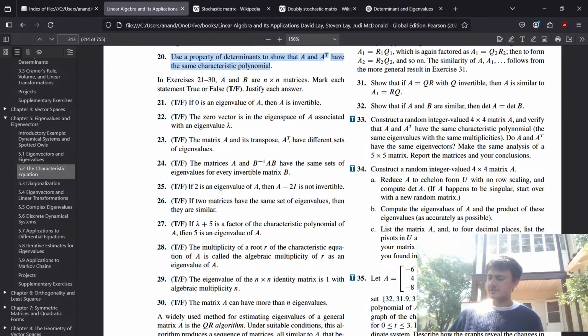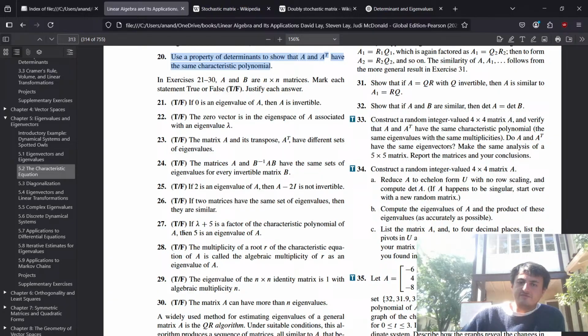Oh my god, that's so obnoxious. All right, the 0 vector is in the eigenspace of A associated with an eigenvalue. Yeah, of course, that's true, because the eigenspace is a subspace, it's got to have 0. Maybe that's a bad way to answer that, but it is the easiest way. A matrix A and its transpose have different sets of eigenvalues. That's false.